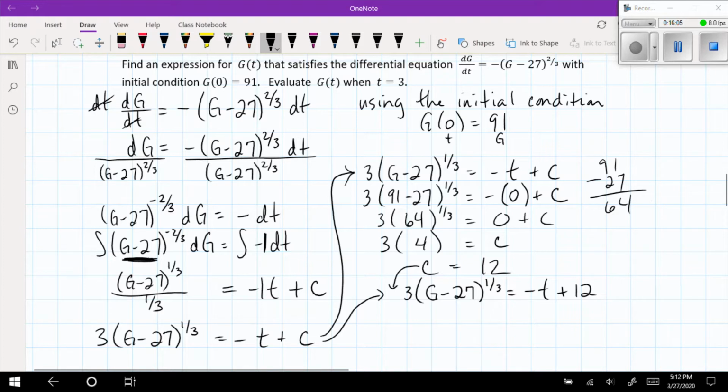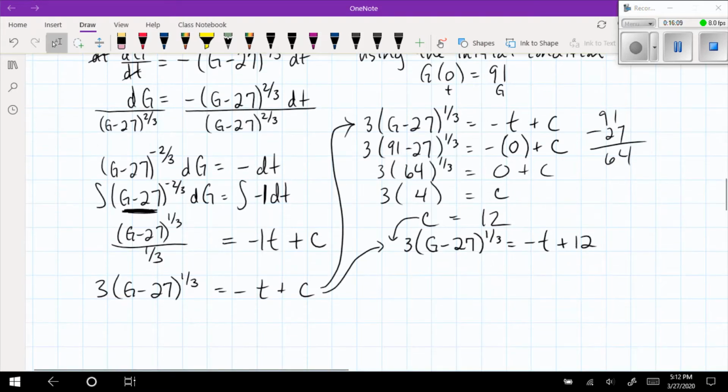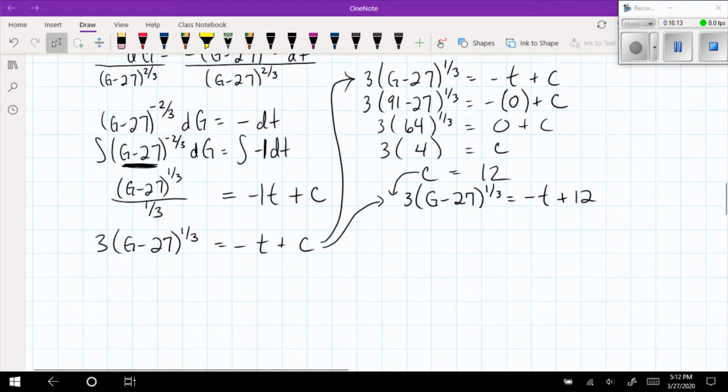I think the first thing we can do is divide everything by 3. I knew we were going to have to get stuck doing that at some point. Okay, so we're going to divide both sides of the equation by 3. This is going to give me g minus 27 to the 1/3 is equal to negative 1/3 t plus 4.